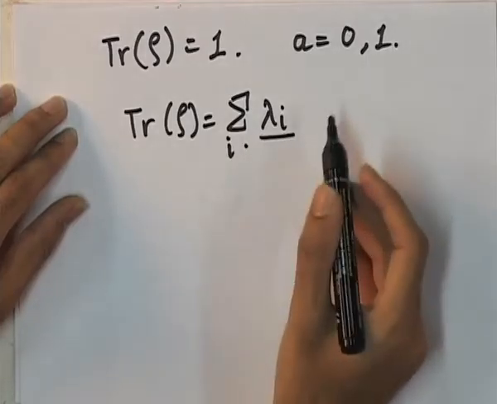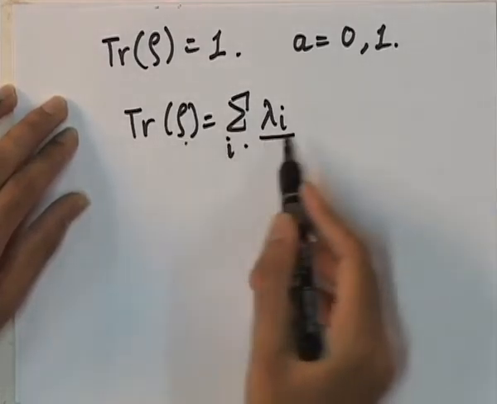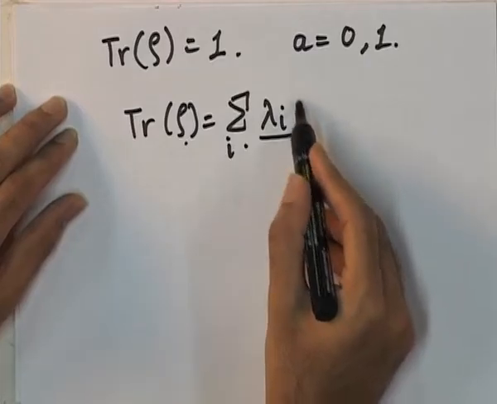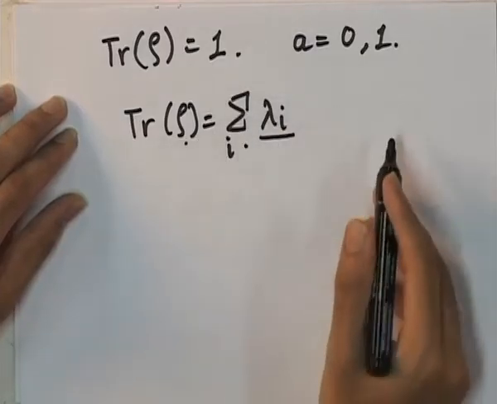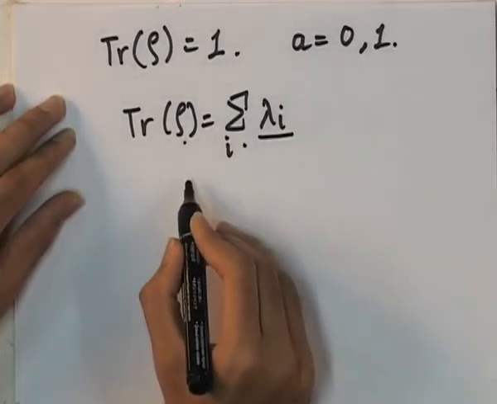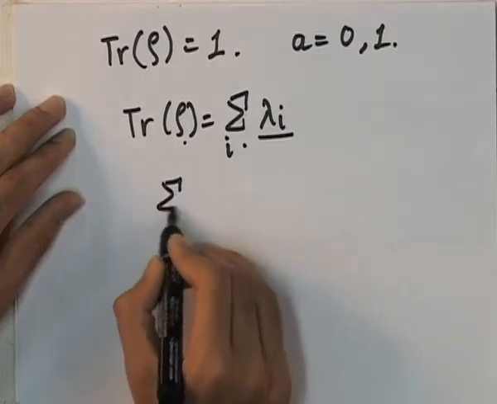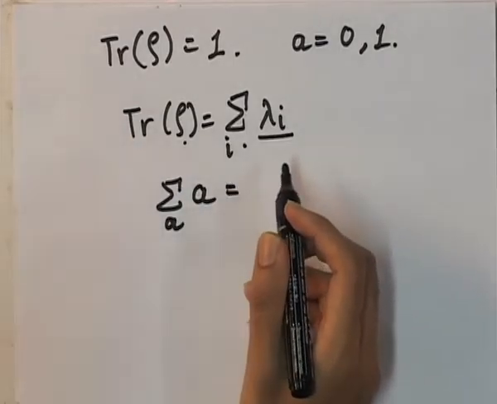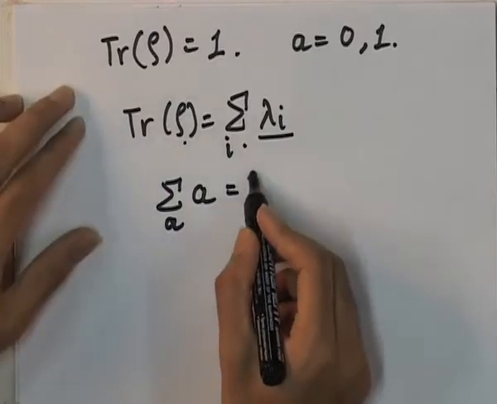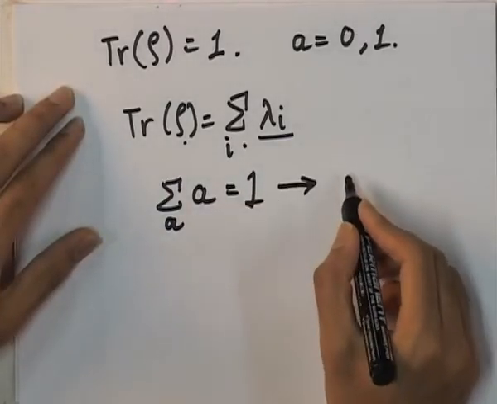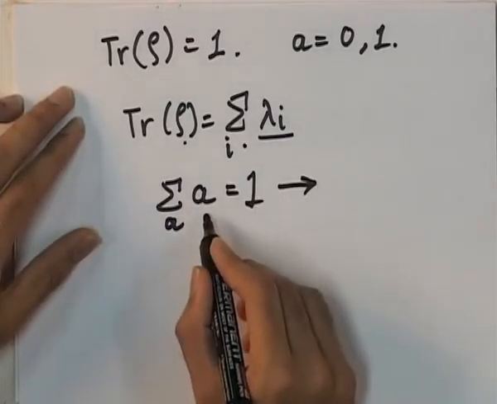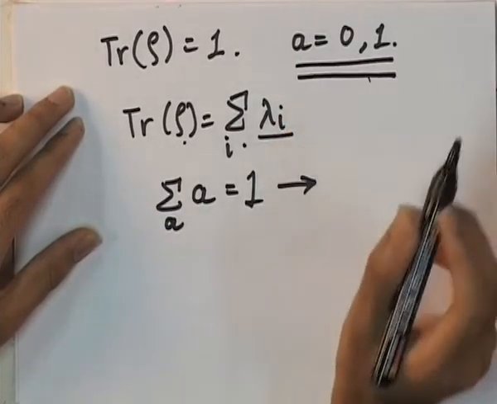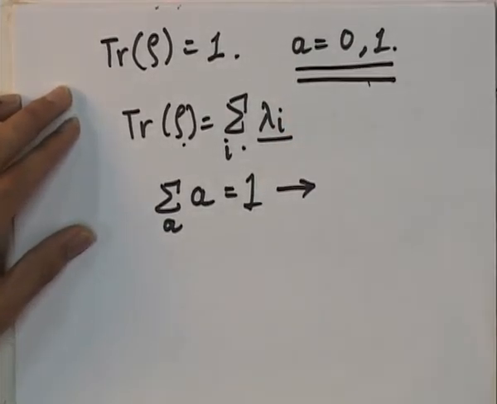So if lambda i is an eigenvalue of rho, then the trace of rho will be given by the sum of the eigenvalues of rho. Clearly, if the sum of all eigenvalues of a pure state density matrix is 1, then only one eigenvalue is 1 and all other eigenvalues are 0, since these are the only allowed eigenvalues. Hence option B is correct.